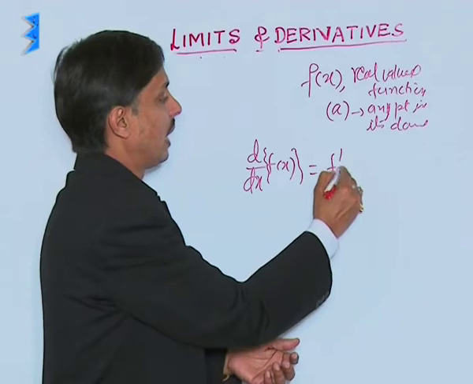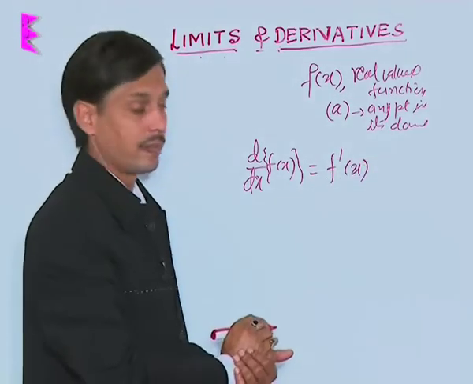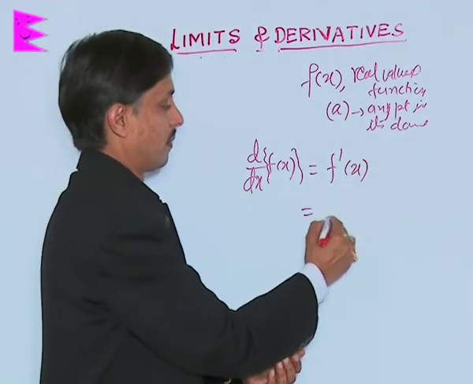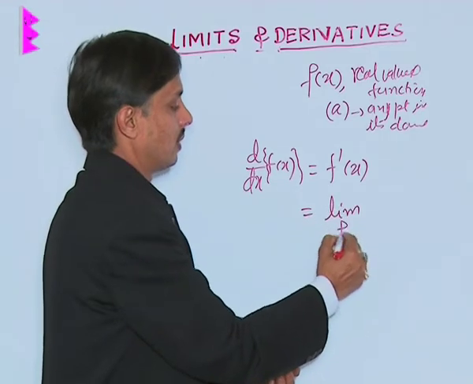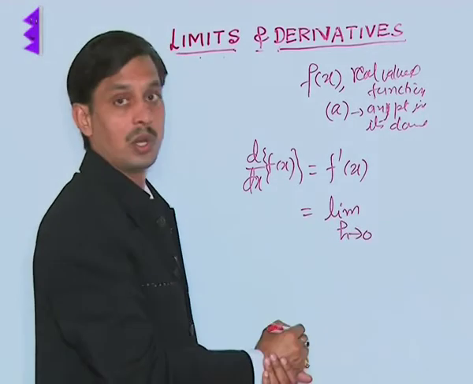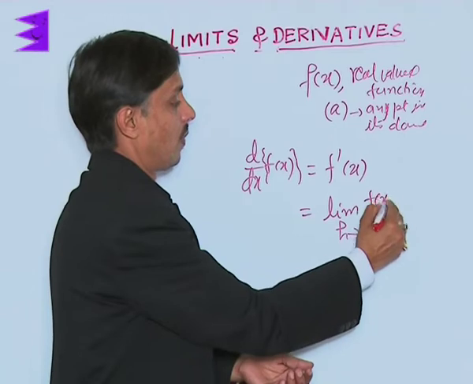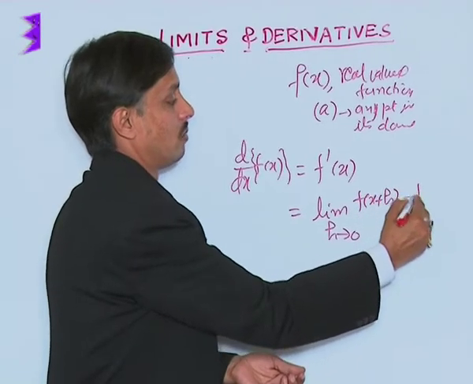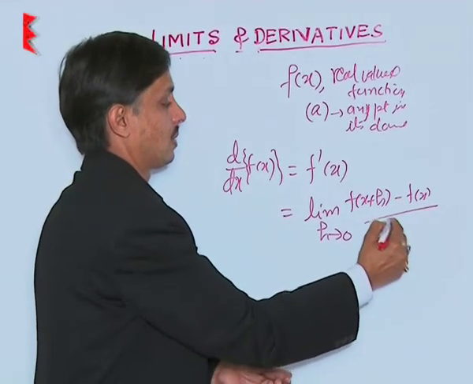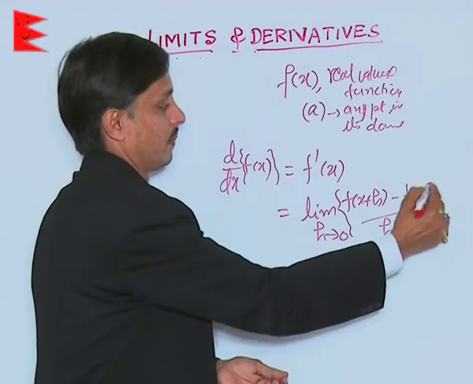Also we can say f dash of x is given by limit h tending to 0 of f(x plus h) minus f(x) upon h.